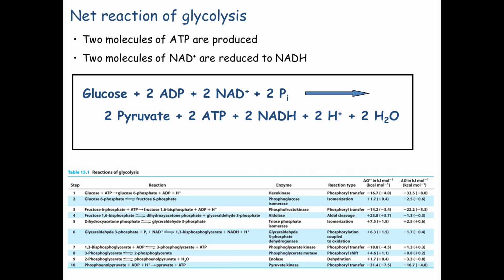What I want you to get out of the table at the bottom is it helps you remember which ones are reversible or not. If you remember back to the enzyme kinetics discussion we had, delta G tells me if a reaction is what? What can delta G tell me about a reaction?